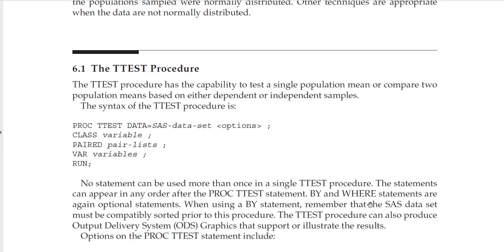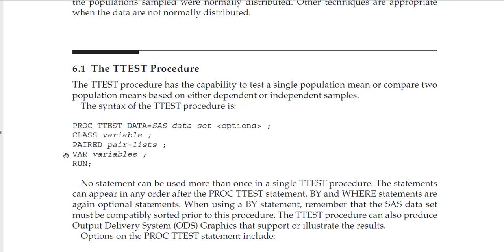So first, just some basic syntax for the t-test procedure. There are other statements and options available in SAS help and documentation than those listed here, but this is our good introduction. So within PROC TTEST, so that's not a typographical error, it is two T's, and DATA= specify your data set name, and then we'll have PROC TTEST statement options. We have a CLASS statement, a PAIRED statement, and a VAR statement.